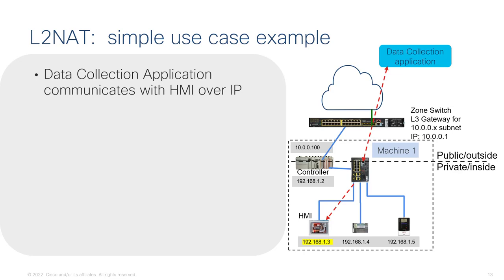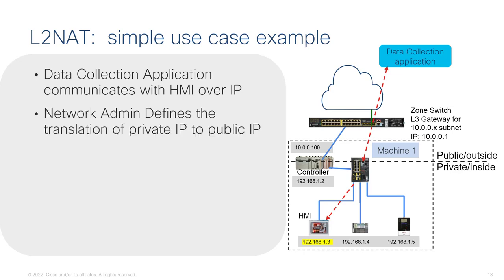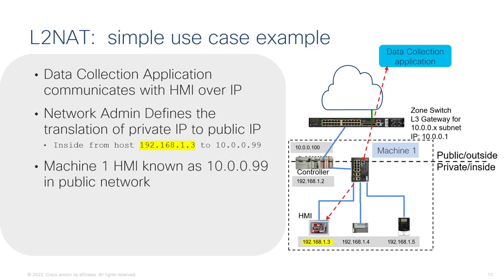So we're going to have this data collection app that wants to communicate with the HMI. And you, Mr. Network Administrator, have defined a unique IP address in the public domain for the HMI, and you've given it 10.0.0.99, and this is an example of the layer 2 CLI configuration command for how you would actually do the translation. There you go, it's known as 10.0.0.99.